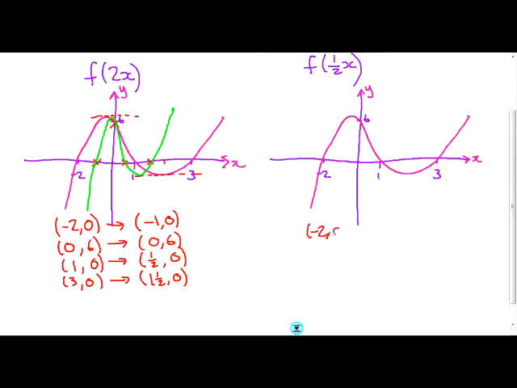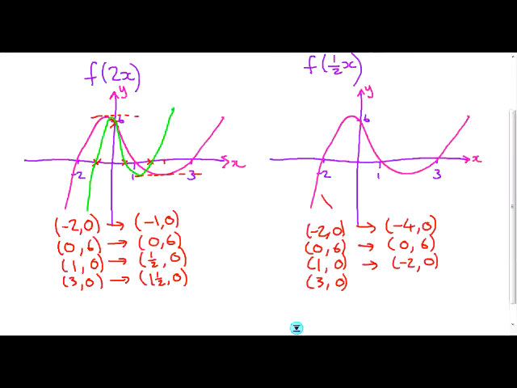So -2, 0, 0, 6, 1, 0, and 3, 0. So that's going to become -4, 0. This one is going to stay the same. This one's going to be -2, 0. This one's going to be 6, 0.